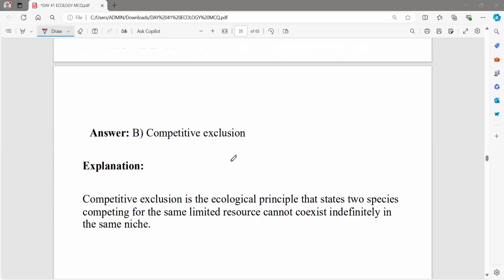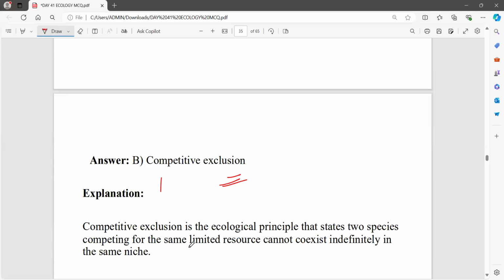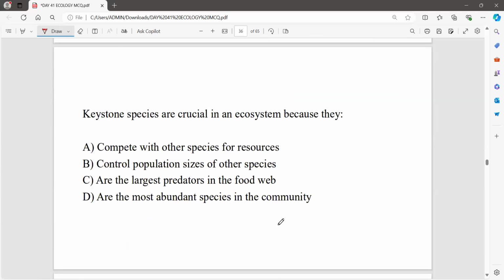Very good. That will be the competitive exclusion principle. When two species compete for the same limited resource, they cannot coexist indefinitely in the same niche. One has to be excluded from that particular environment. That is what competitive exclusion is.